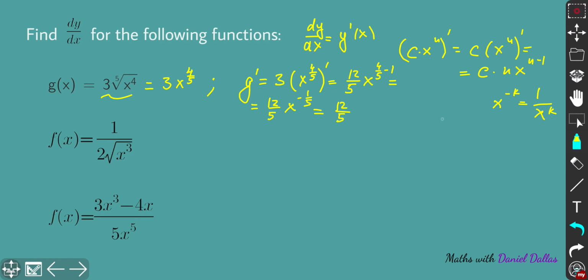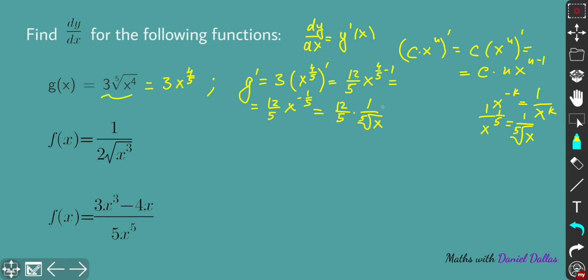In your case, k is 1 over 5, so 1 over x to the power 1 over 5 will look like 1 over the fifth root of x. So finally you'll get 1 over the fifth root of x, okay?